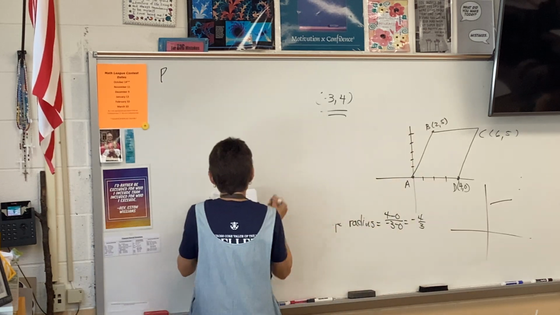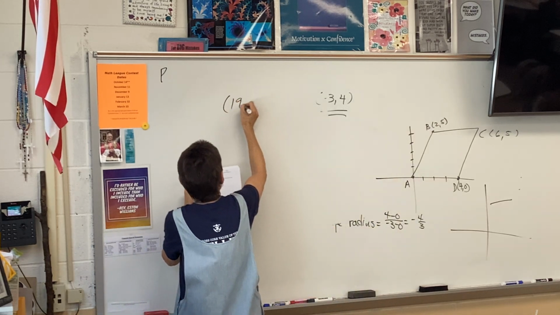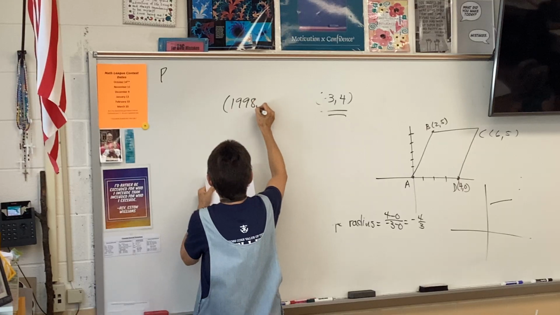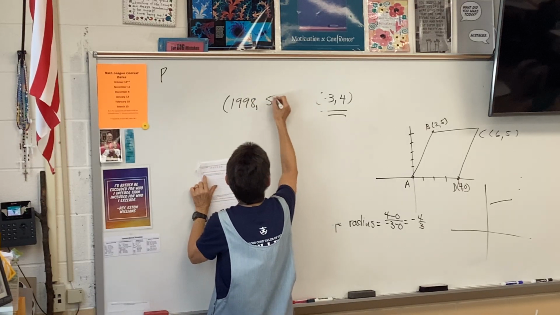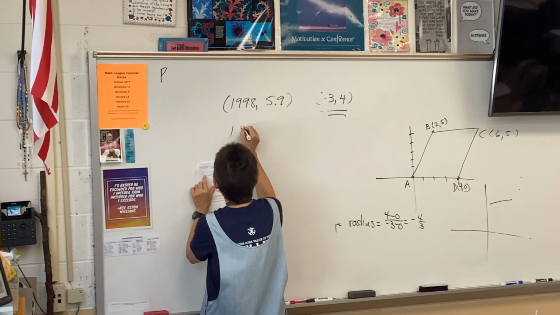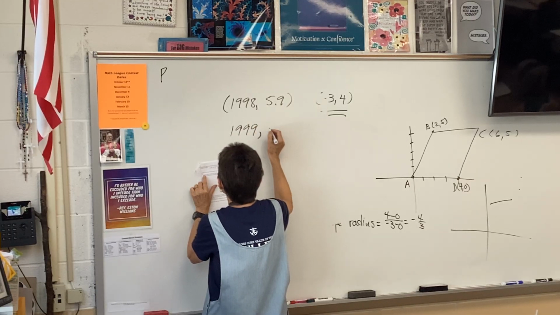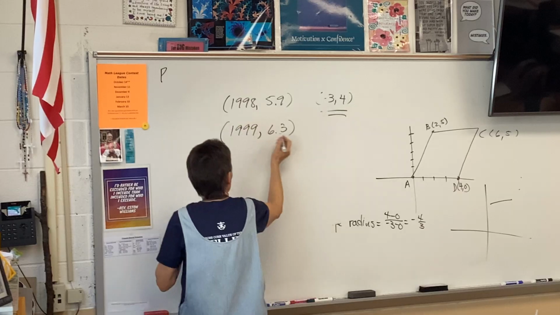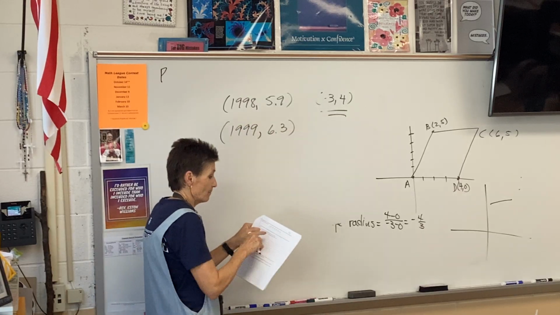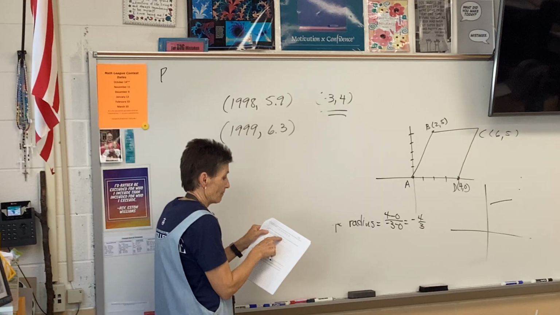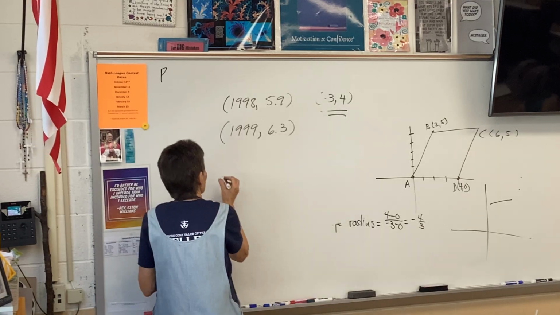We're going to use 1998, 5.9, and 1999, 6.3. All right, so let's write the equation of that one. Here we go.